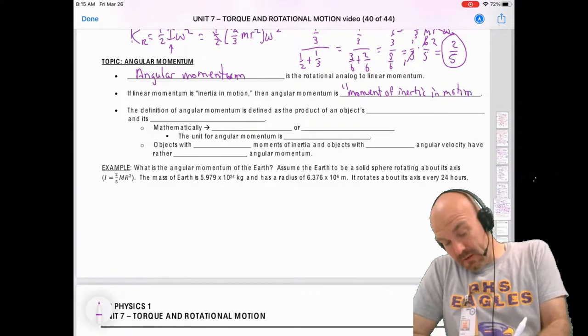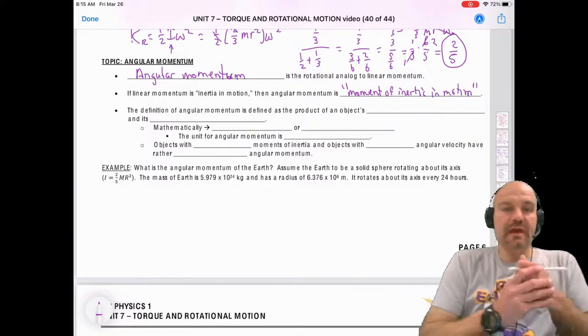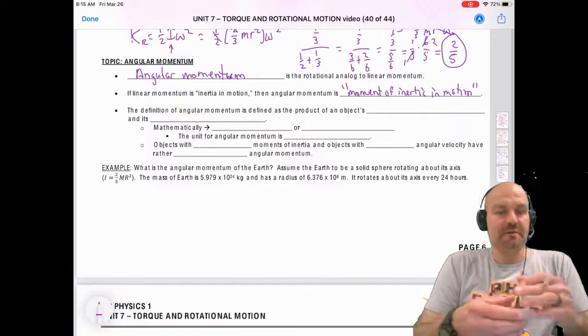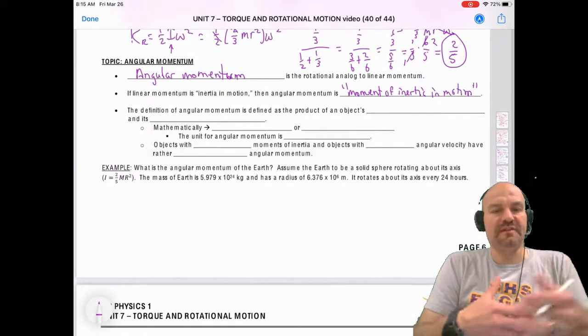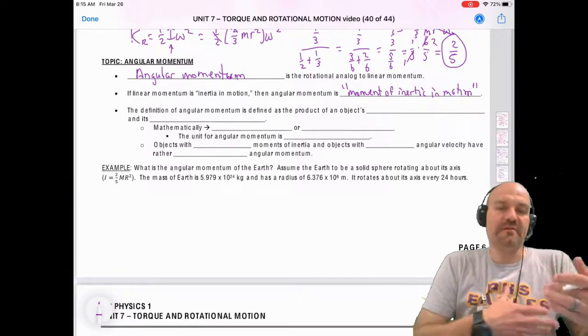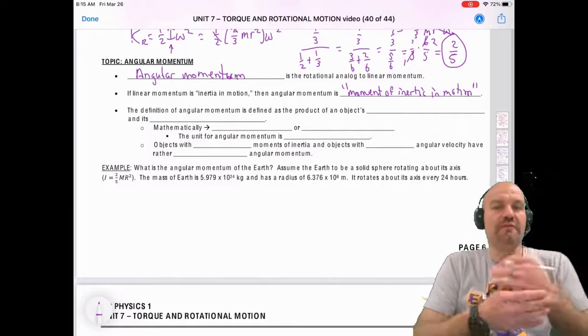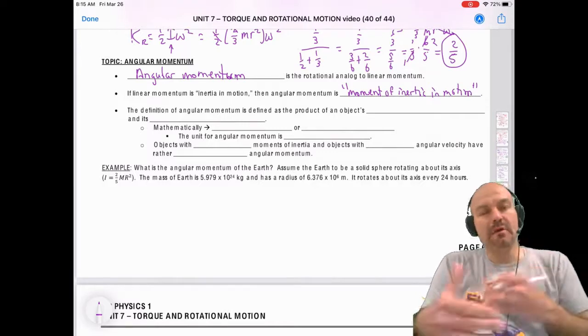So again, if you think about the way we defined linear momentum, we said it was inertia in motion, so a mass moving with a speed, or velocity. Well, angular momentum is the same way. It is moment of inertia, because that is your rotational equivalent to mass, in motion.